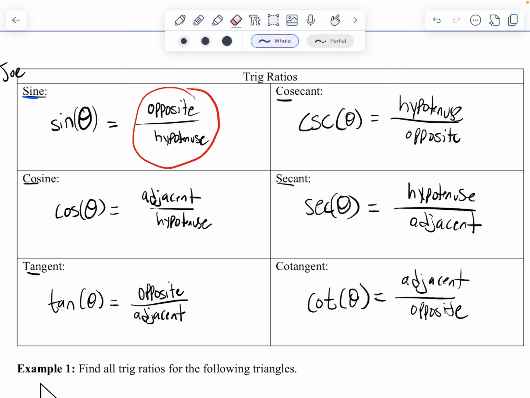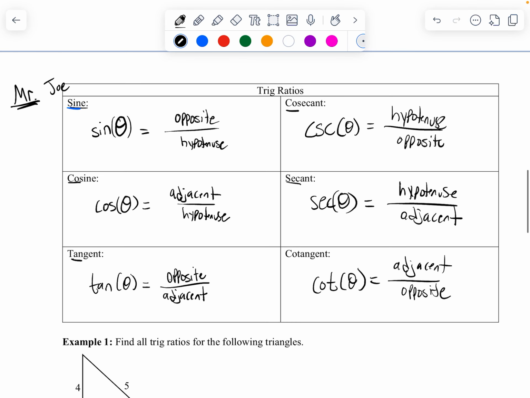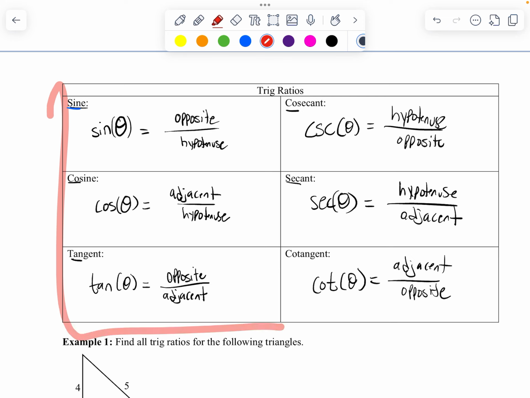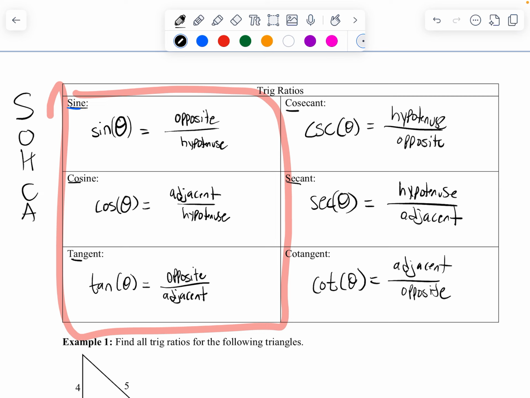And there's a couple ways to remember this. I'll give you just kind of like the bare minimum, right? So when we're first looking at this, for the main three functions, the most important ones, we get a really fancy acronym. So, SOH CAH TOA. All right. Now, and remember, an acronym means that every letter of that word represents something, right? So the S represents the S in sine.